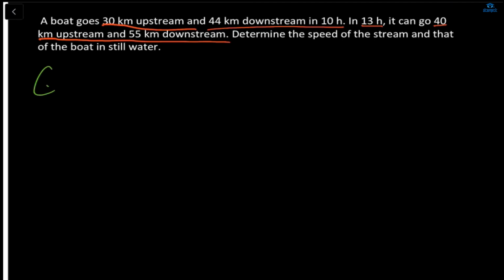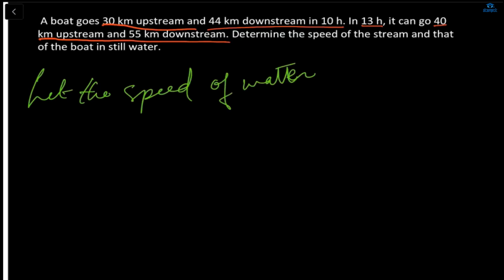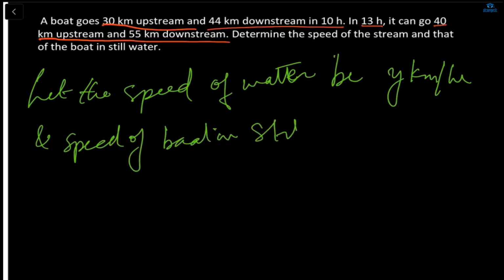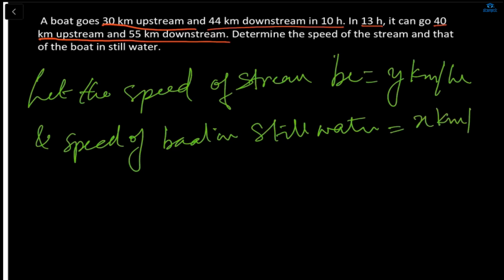Let the speed of stream, generally we assume by kilometer per hour, and the speed of boat in still water is equal to x kilometer per hour. Yes, understood? Yes, ma'am.